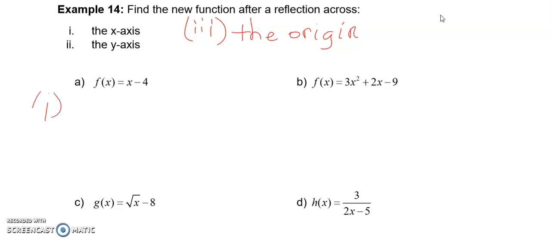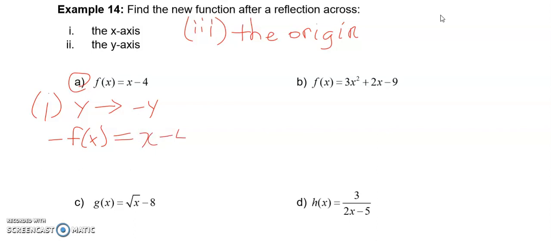Let's do part 1 here. Let's do A. If you were to take this function here, and you wanted to reflect it in the x-axis, remember what you do. You take the y and you turn it into negative y, which is the same thing as taking f of x and turning it into negative f of x. So here's what the new function would look like.